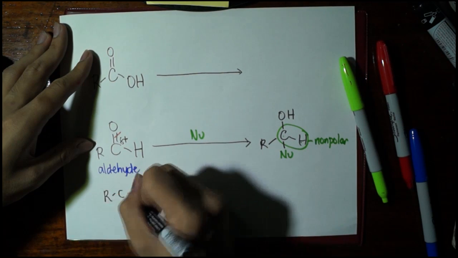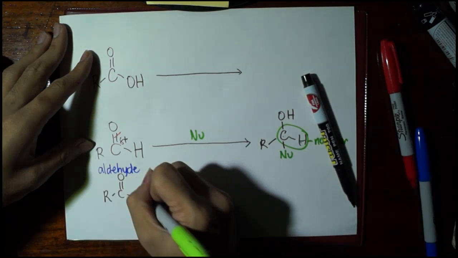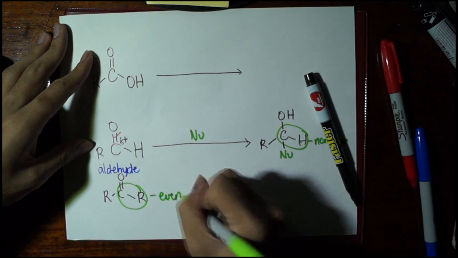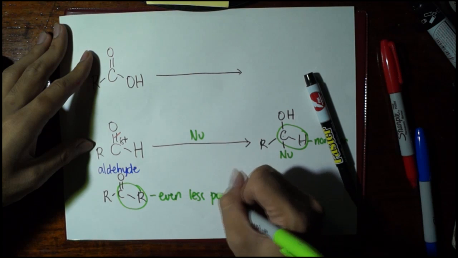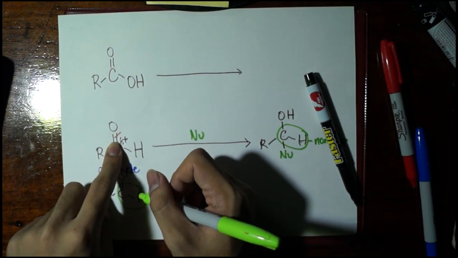Most especially if you have a ketone, this is even less polar than that of a CH bond, so you cannot break that. You could only resort to break this one.